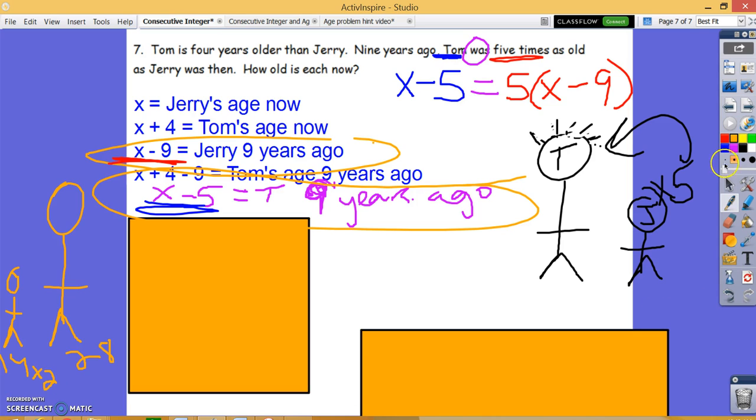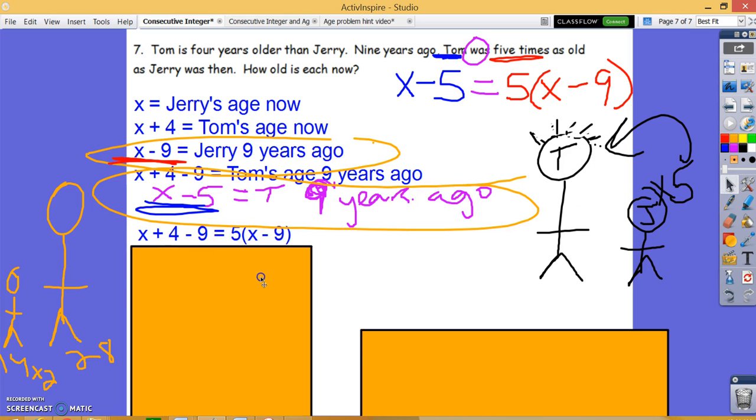Okay, so let's go ahead and look at what we get when we solve. So again, the equation here was Tom's age 9 years ago equals 5 times Jerry's age. So we can simplify the expressions by simplifying the left-hand side and using distributive property on the right. I'm going to subtract x from both sides. Again, I can't operate until I have all of my variables gathered onto one side or the other.